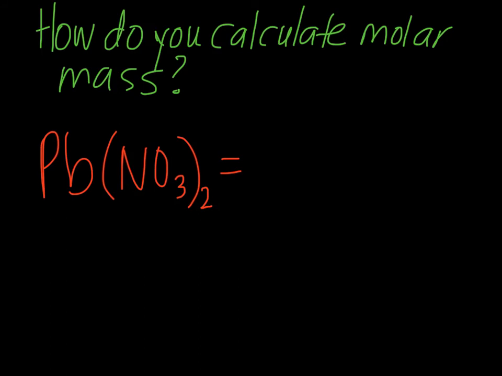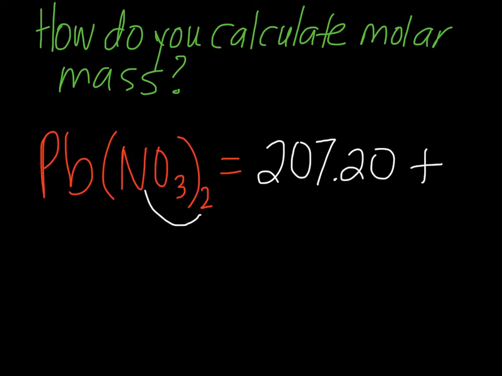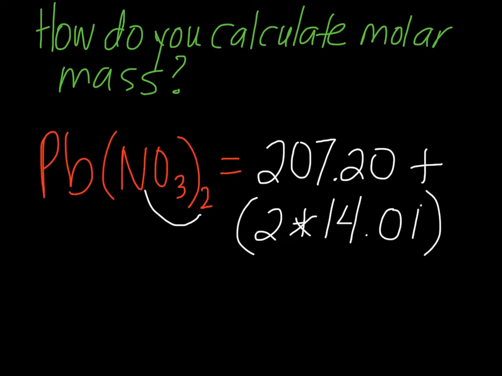Okay, so we only have 1 lead atom in this compound, so it's just going to be 207.20 plus, if you look in our formula, we have 2 nitrogens, so we're going to have to do 2 times 14.01, which is the mass from the periodic table.